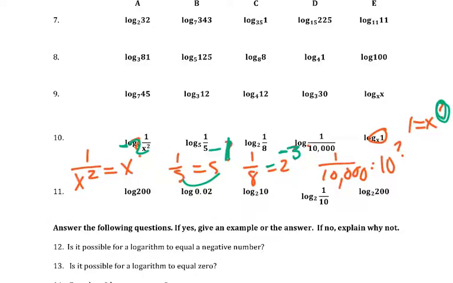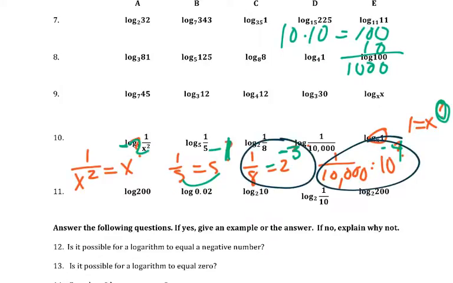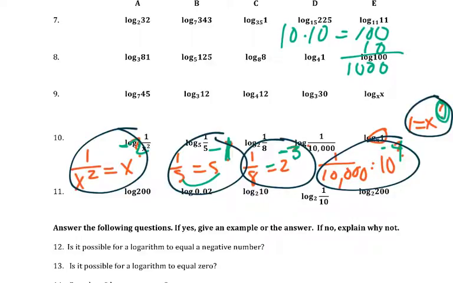And then 10 to the 10,000 would be cubed again. Or would it be, no, it could be to the fourth and a negative, right? 10 times 10 is 100, times 10 is 1,000, so yeah, to the fourth. So now our smallest is negative 4, negative 3, negative 2, negative 1, and then finally 0.